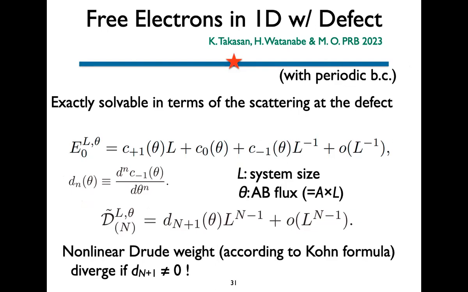We can apply this nonlinear Kohn formula to this simple system and calculate almost everything exactly. The result is that the Drude weight according to the Kohn formula also diverges for this very, very simple model, although in the bulk there is nothing.